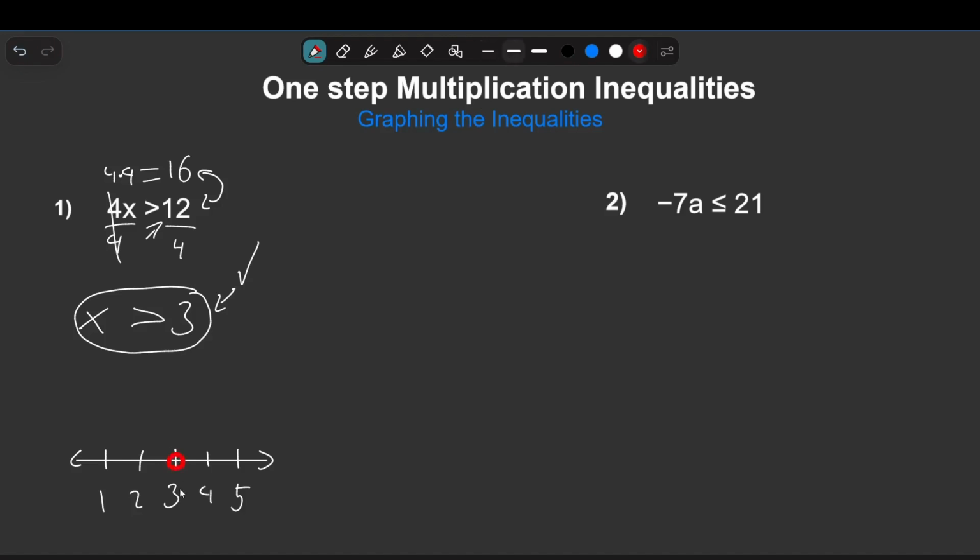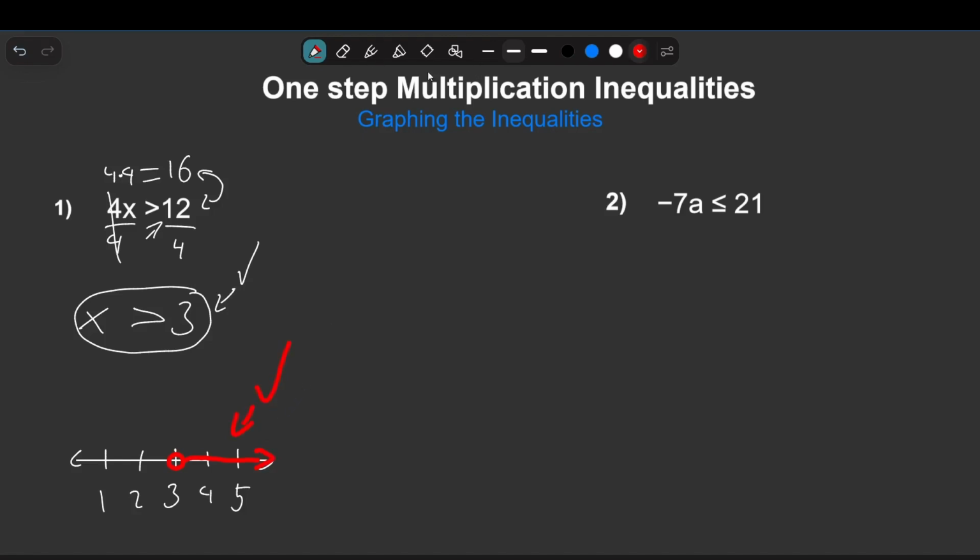As you can see, the inside of the circle isn't closed, so this means that we are not using 3 in our answer. So you will draw the number line like this. This will be your number line and this will be your final answer.